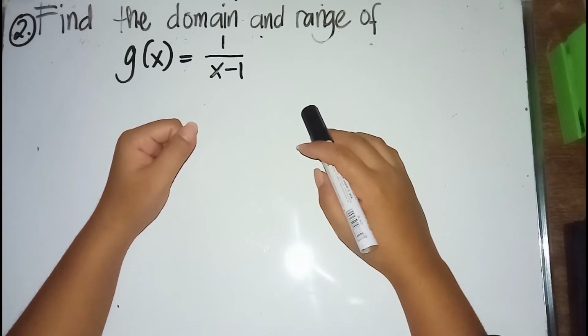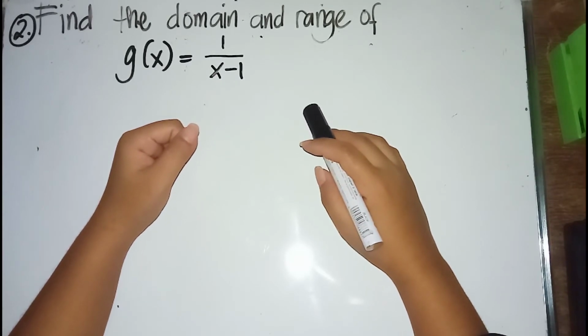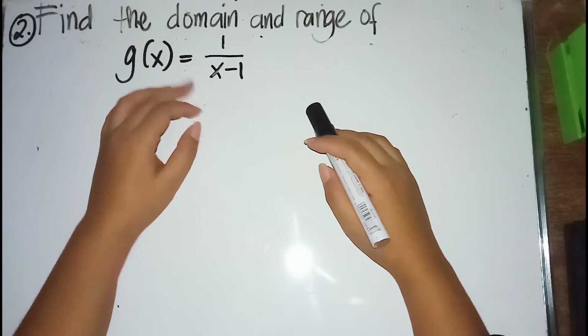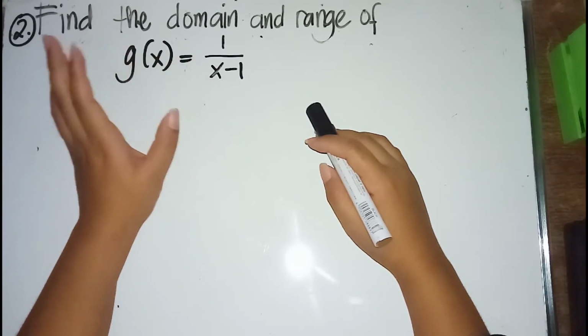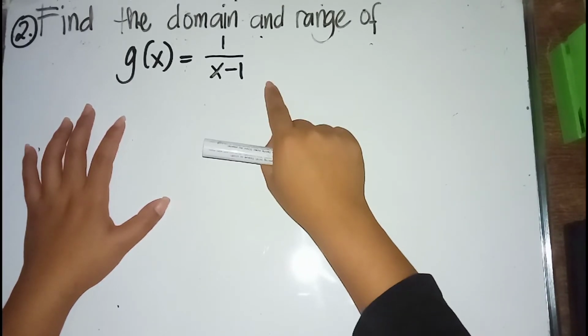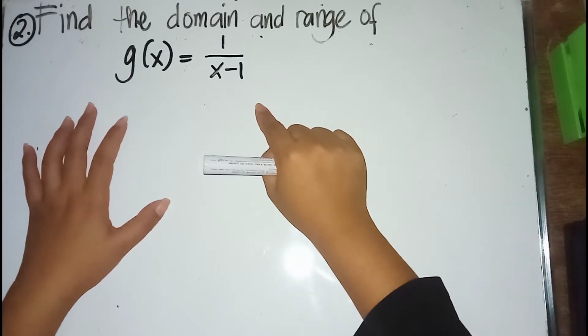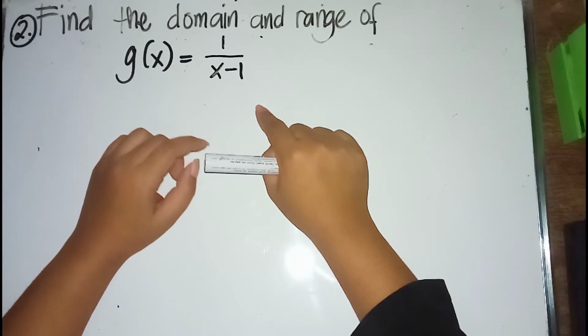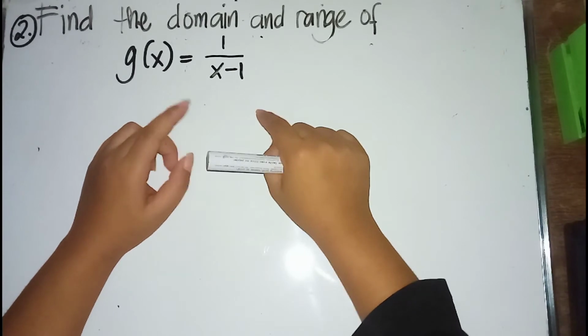Example number 2. Find the domain and range of g of x is equal to 1 all over x minus 1. Okay, so the domain and the range of 1 all over x minus 1 is all real numbers except 1. Why except 1?